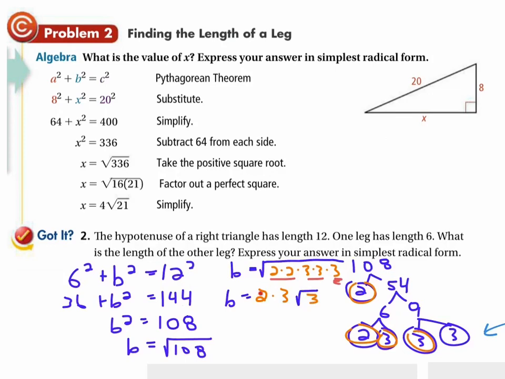What was brought outside? The 2 and the 3. We multiply together to be the 6. So we've got B is equal to 6 square root of 3. And that is the length of the other leg in simplest radical form.